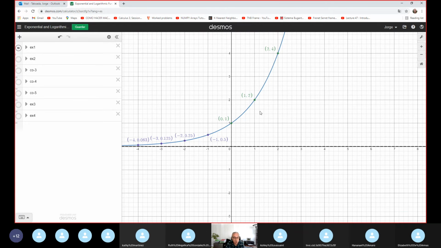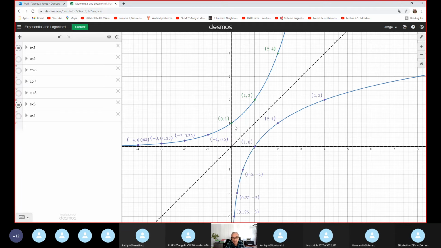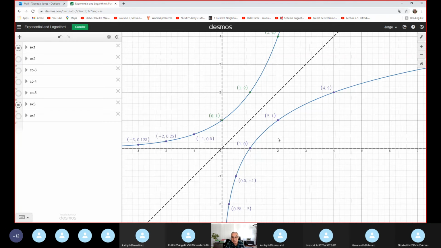Okay, I present to you the exponential. This is the exponential we studied last time. In this case the base is 2. Remember the super universal point (0,1), (1,2), because the base is 2. If the base is 3, it's (1,3). And this is base 2. Now I present to you the graph of the logarithmic function. The logarithm is easy to understand because it's the inverse function, so you interchange x and y. For example, in the exponential we have the famous point (0,1), and in the logarithmic we have the famous point (1,0).